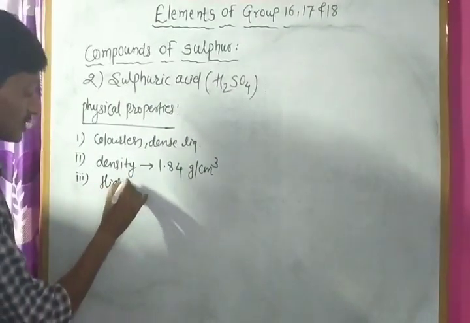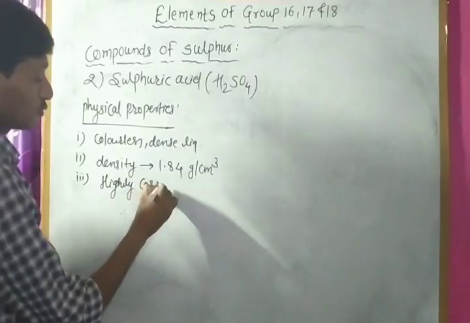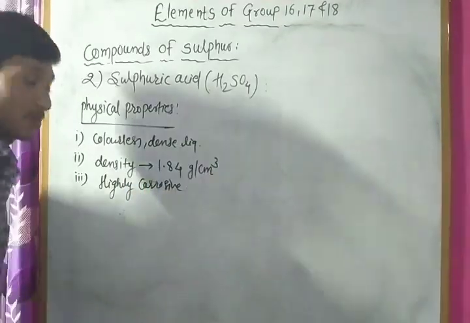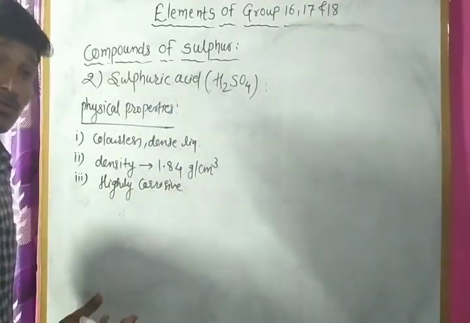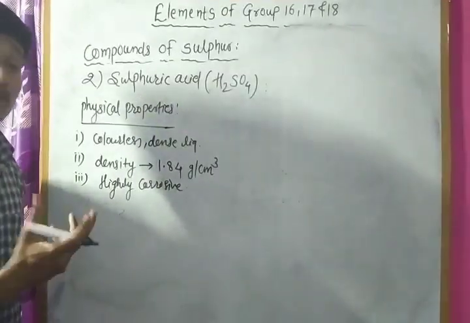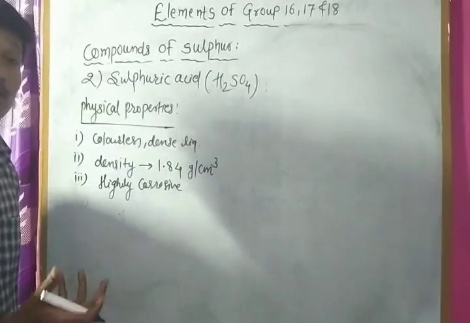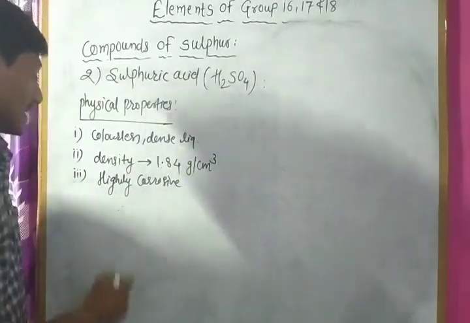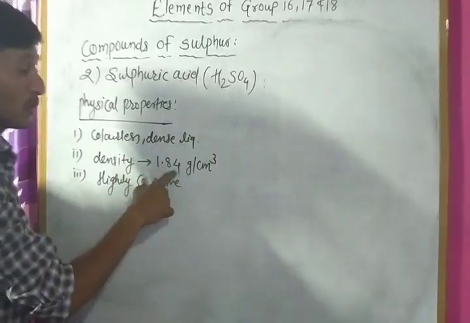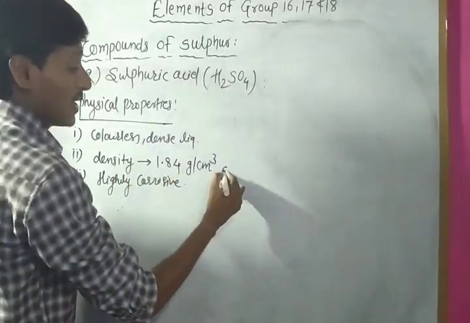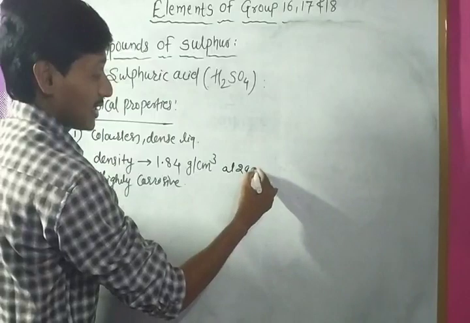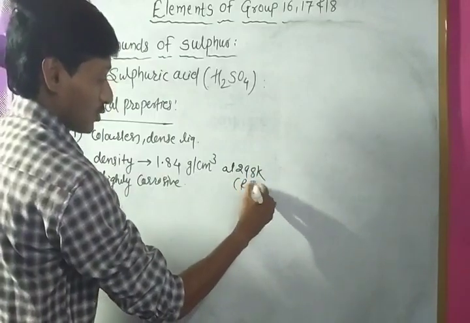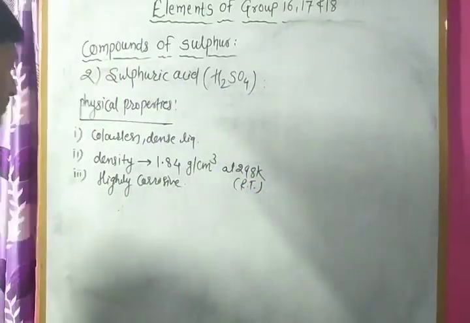If concentrated H2SO4 comes in contact with our skin, due to its highly corrosive nature, it burns our skin. These are the properties of sulfuric acid. Density 1.84 gram per cm cube at 298 Kelvin, that is the room temperature. Okay, keep in mind.